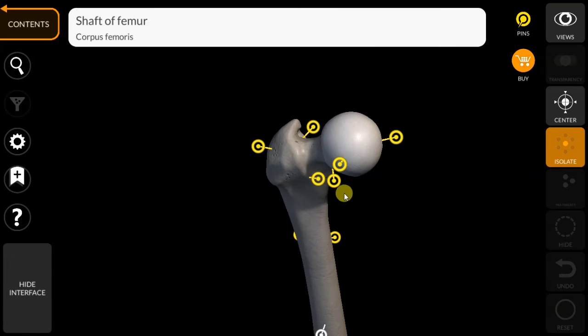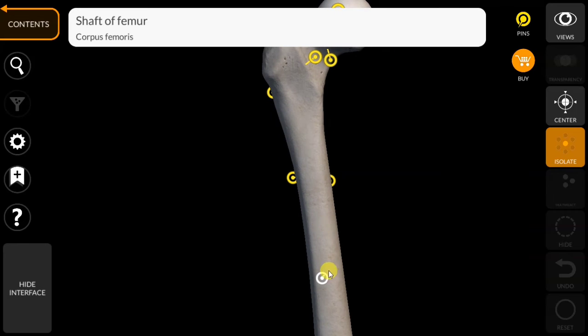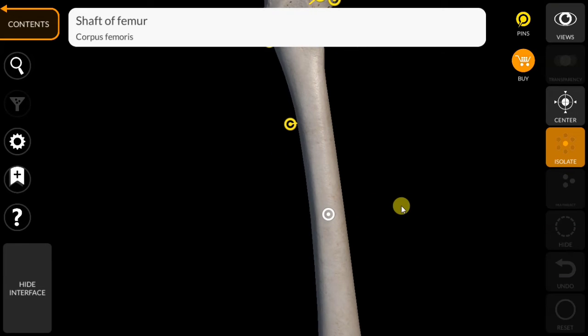Remember one thing: the head of the femur will always point towards the medial side of the body because it has to articulate with the acetabulum. So it always points to the medial side, and that way we can ensure that the femur is in the right position. There are three surfaces: the anterior surface, the lateral surface, and the posterior surface.